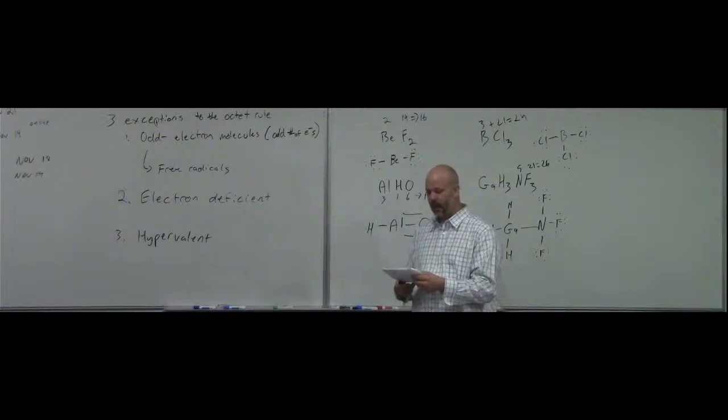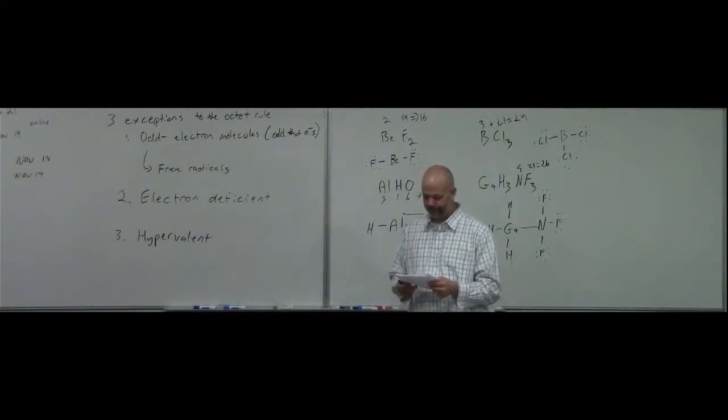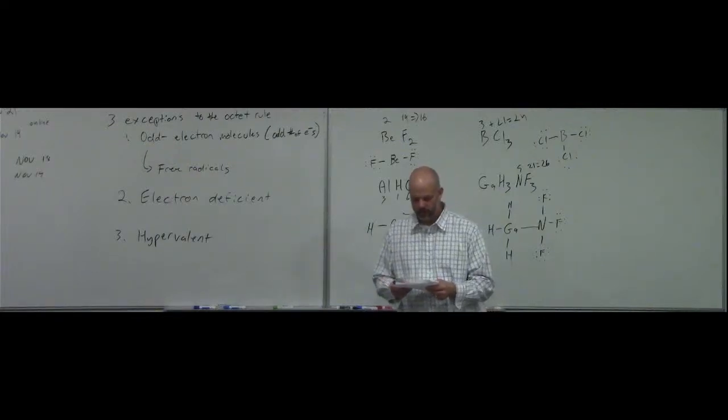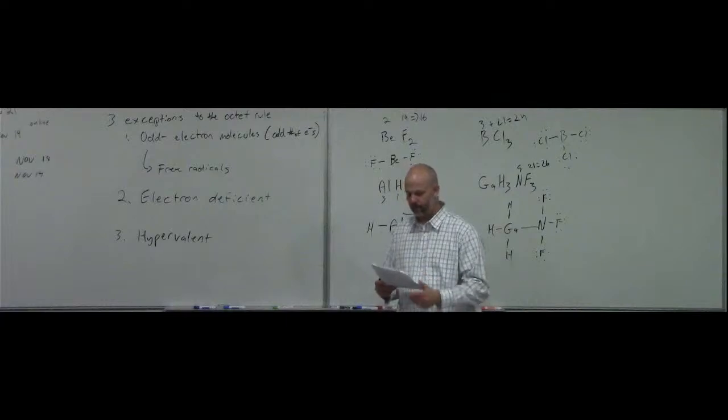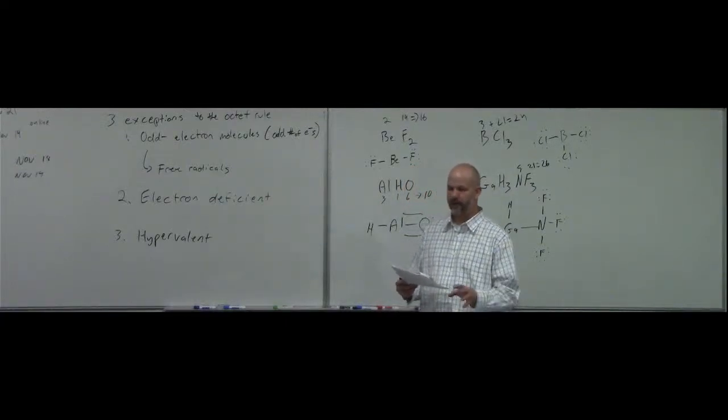Elements in the third and higher have more than 4 valence orbitals and can share more than 4 pairs of electrons with other atoms, because they have empty d orbitals in the same shell. Molecules formed from these elements are sometimes called hypervalent molecules. So let's do some. Let's do PCl5.